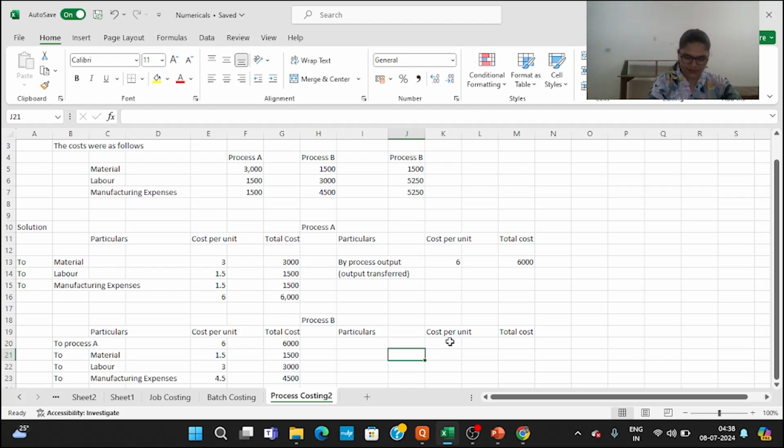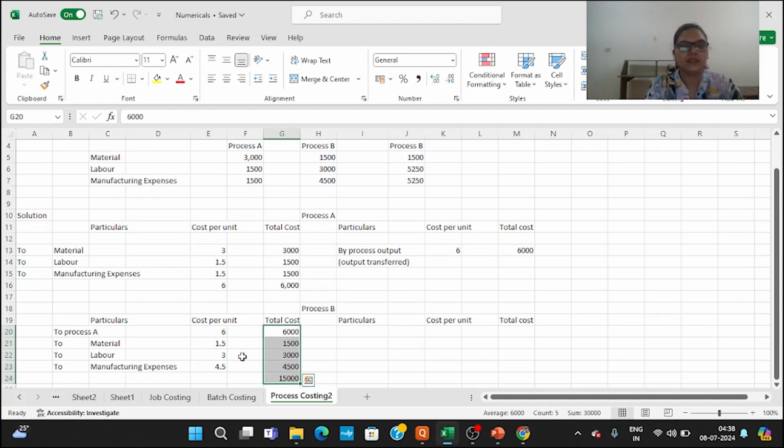Next, now we will do the total of all these expenses. We will get 15,000 total, and cost per unit will be rupees 15 again.